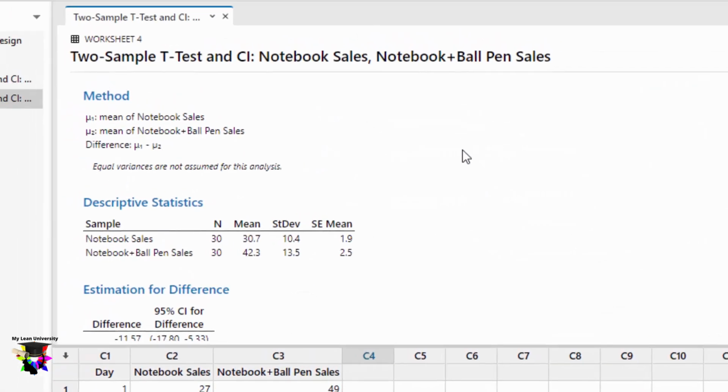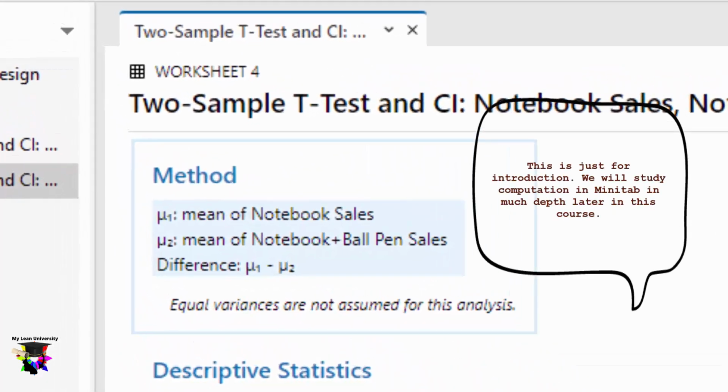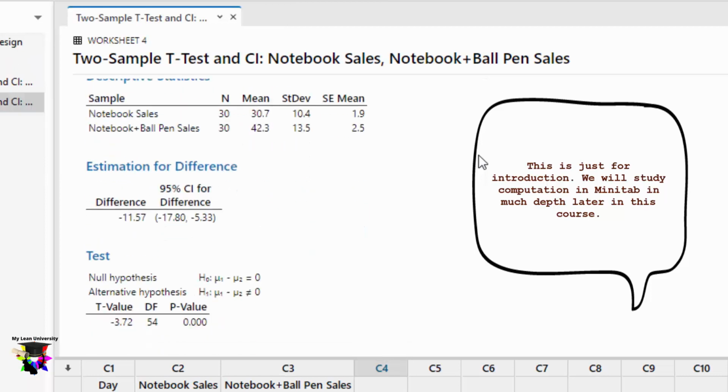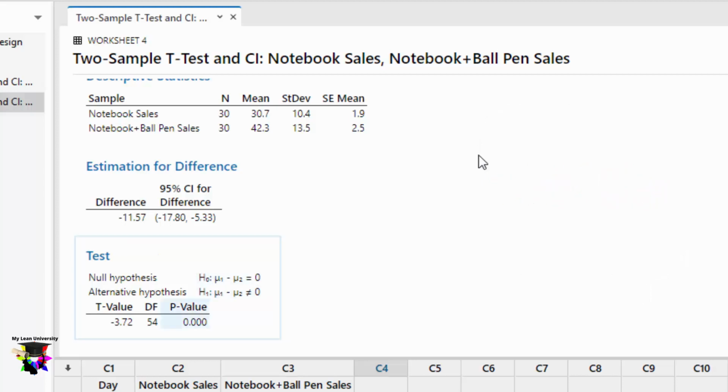Here in this result produced by Minitab, you see that mu1 is the mean of notebook sales and mu2 is the mean of notebook and ballpen sales. The difference is of course mu1 minus mu2, and we have assumed that the null hypothesis is there is no difference between the means, and the alternative hypothesis is there is some difference in the means, or mu1 minus mu2 isn't equal to 0. Now the one thing that we must observe is the p-value here.